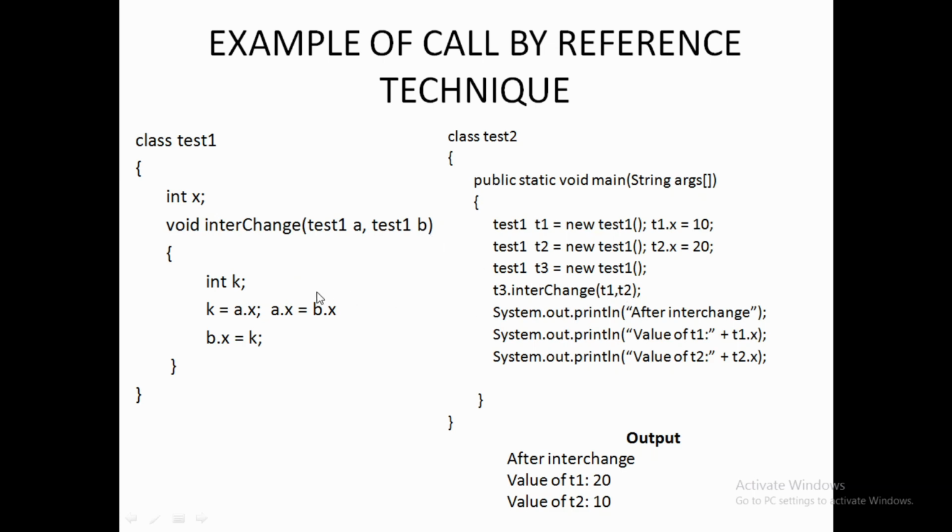That means any number of instance variables we change here using A and B will affect T1 and T2. Therefore, we can return more than one value in the call by reference technique.